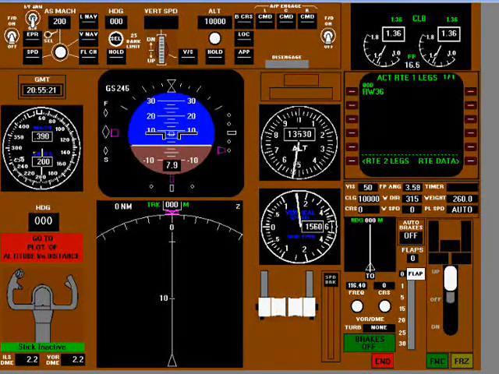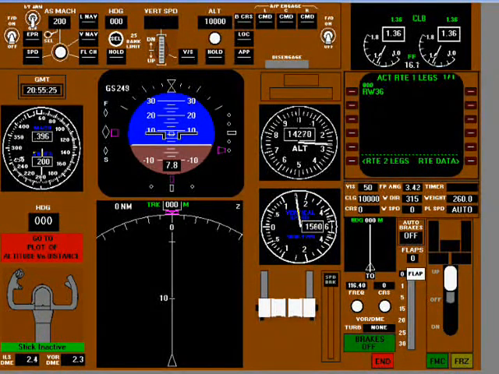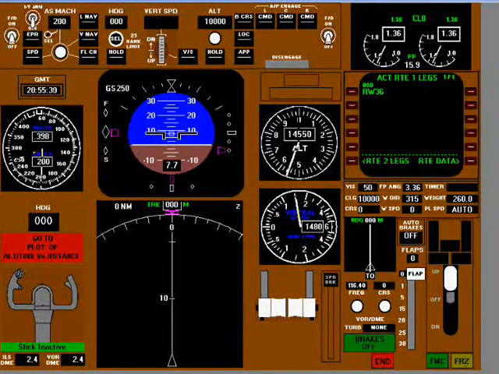Now, maintaining 200 knots, we will level off using a precise transition at 15,000 feet. Speed has now been slowed down.